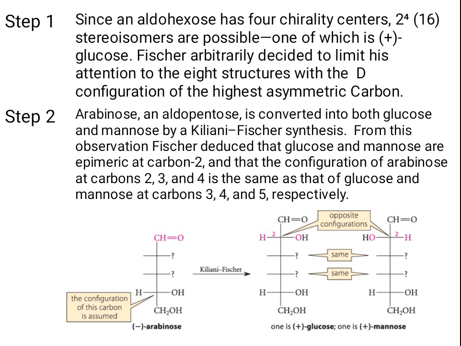From this observation, Fischer deduced that glucose and mannose are epimeric at carbon 2, and that the configuration of arabinose at carbons 2, 3 and 4 is the same as that of glucose and mannose at carbons 3, 4 and 5 respectively. Fischer understood that. He was just a genius.